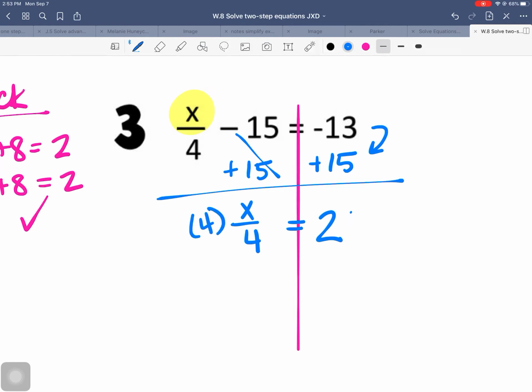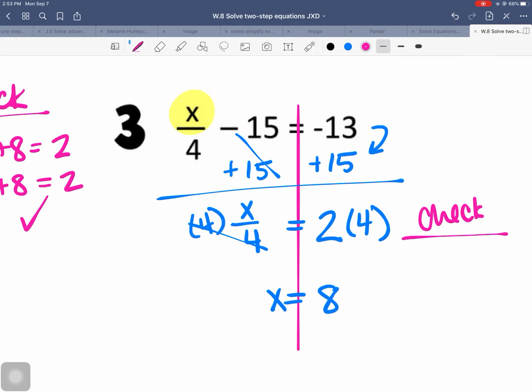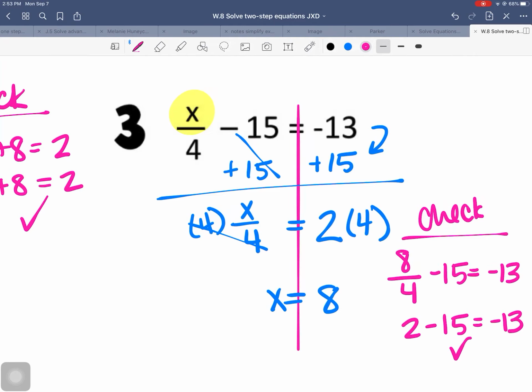I need to multiply both sides by 4. X equals 8. I'm going to check myself. Alright, so it should be 8 divided by 4 minus 15 equals negative 13. 2 minus 15 does equal negative 13.